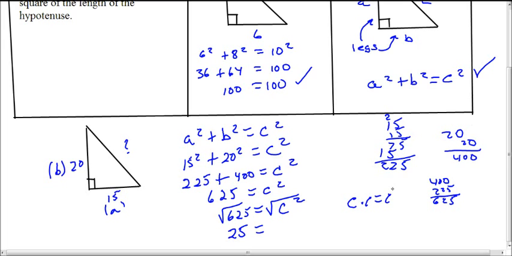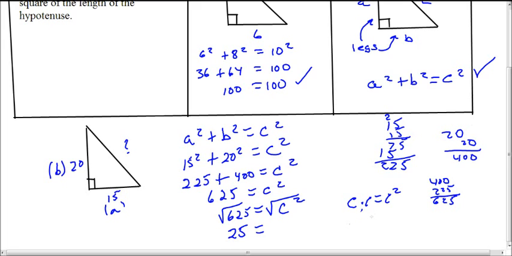So now we can say, since the square root of 625 is 25, and C times C is equal to C squared, why do we say that? Because C to the first times C to the first, and anytime you're multiplying variables and they have no exponent, literally the exponent is 1.